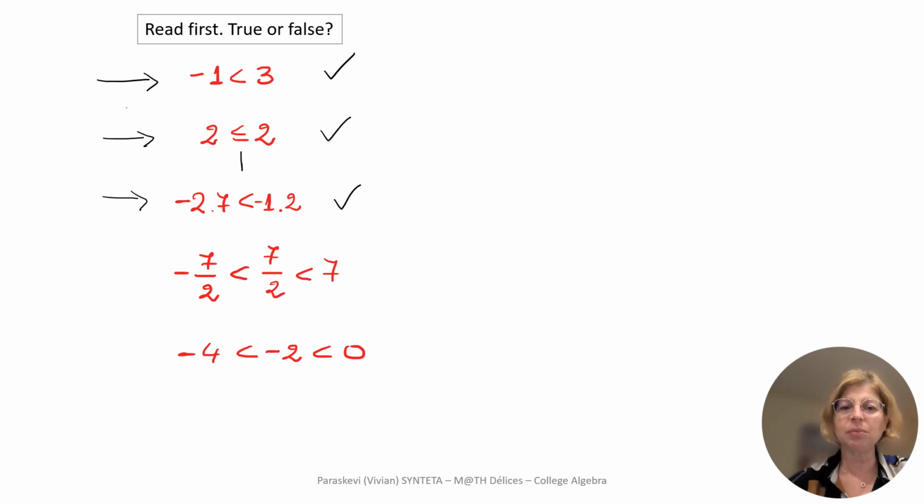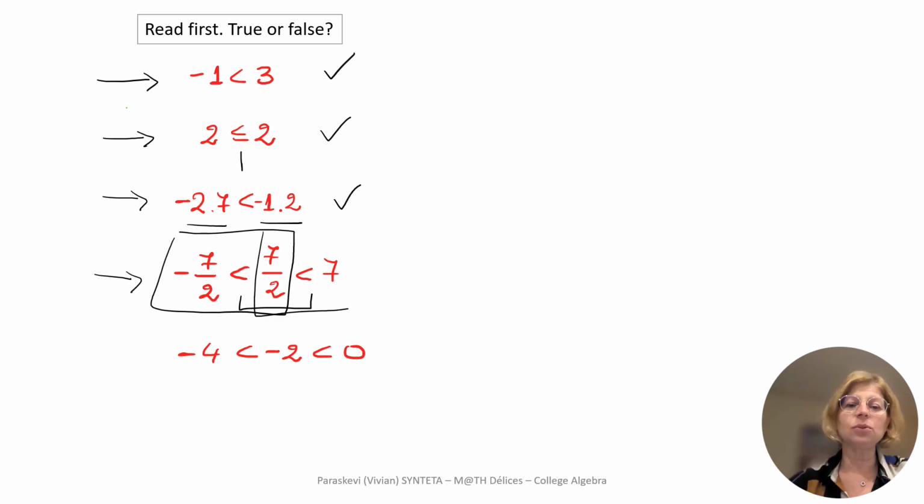If you try to put them on the real number line, you will see that this one is much more to the left than this one. And then we will continue with the double inequality, which we have to read little by little. So we will start first with the first pair. -7/2 smaller than 7/2. Indeed, it's a negative fraction, so it is smaller than the positive one.